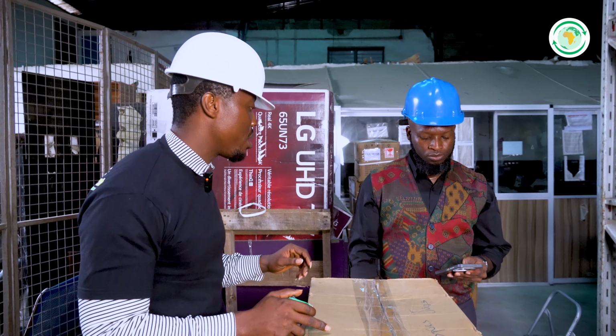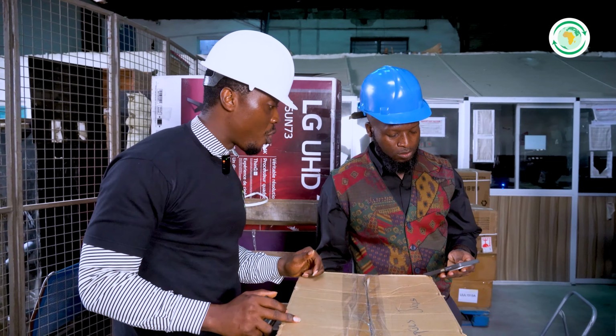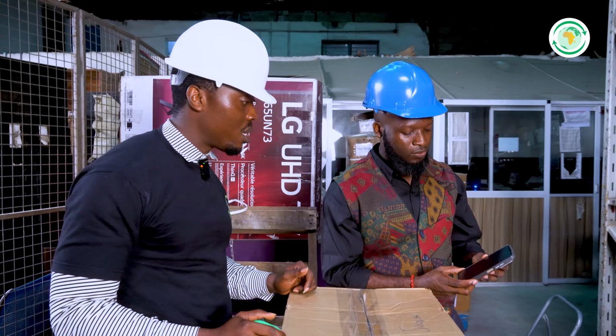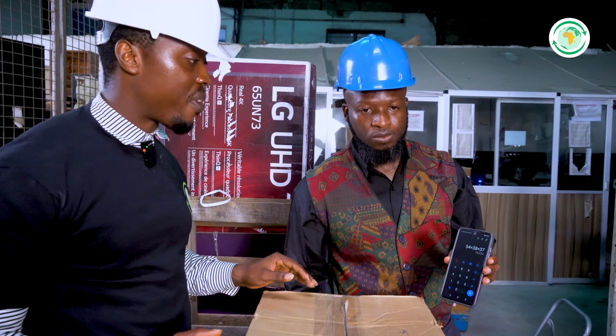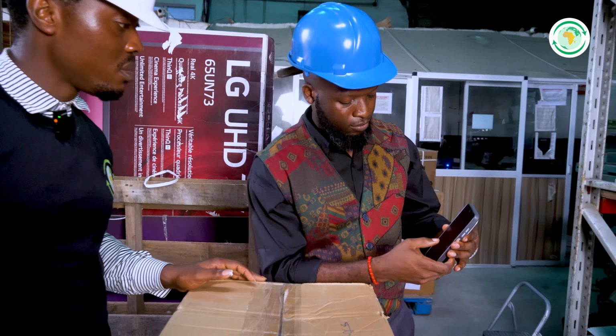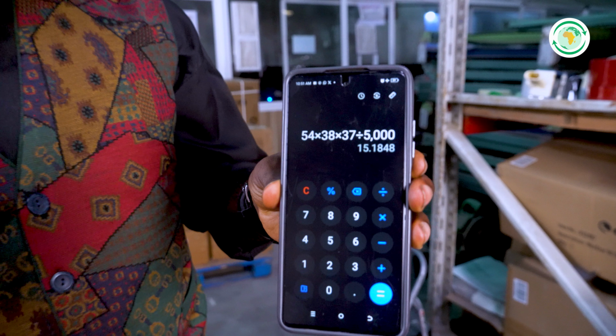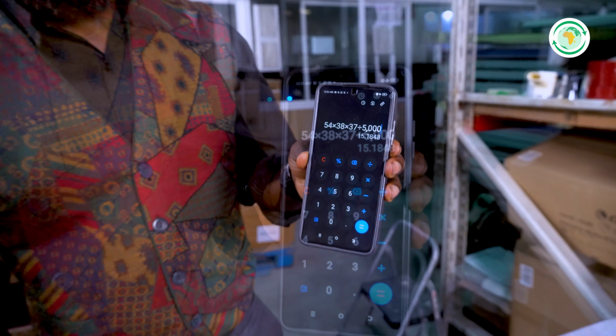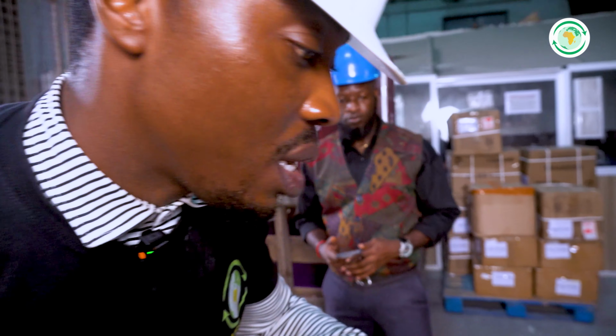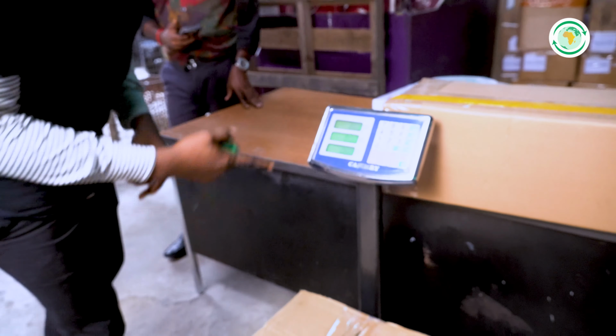So Mr. Victor, help me to get the dimensional weight. 54 by 38 by 37, divided by 5,000. So this now will give us 15.18 kg. Note, when we weighed this bus, it gave us 3.6 kg.